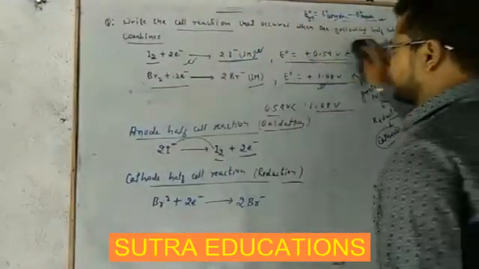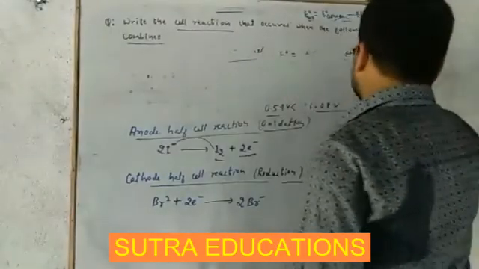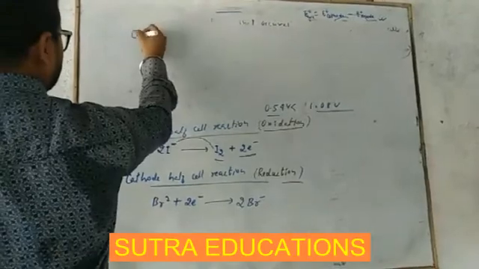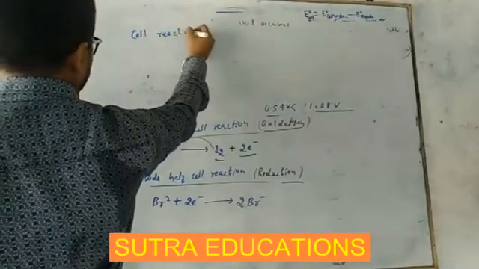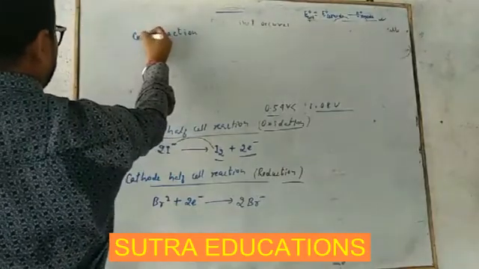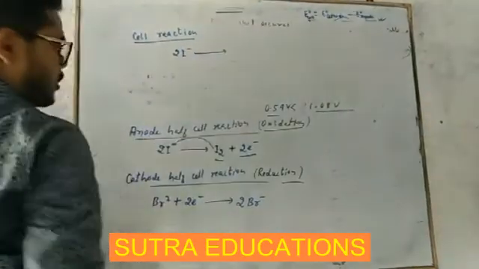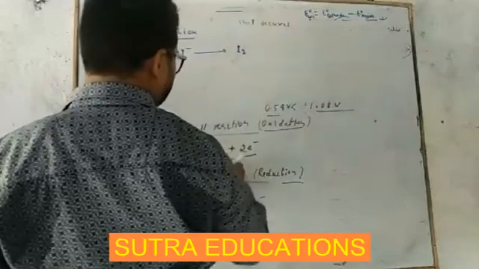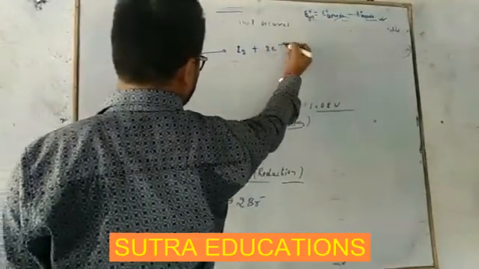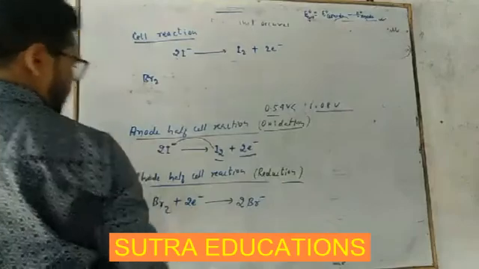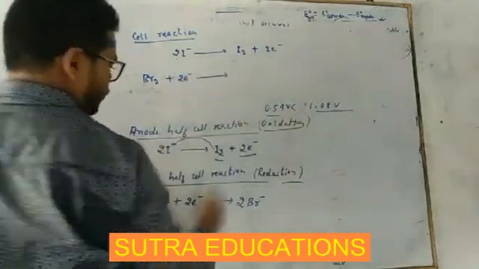Cell reaction will be this plus this, means 2I minus to I2 plus 2 electrons, and Br2 plus 2 electrons to 2Br minus.